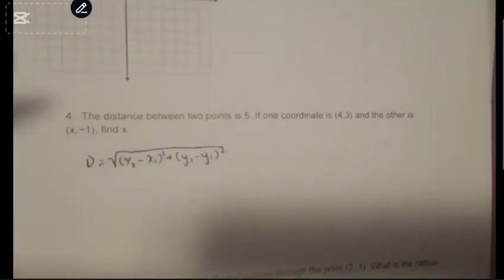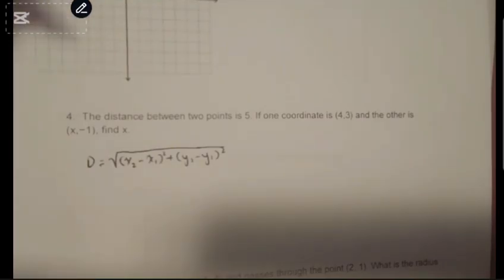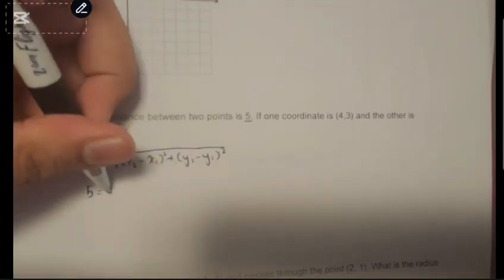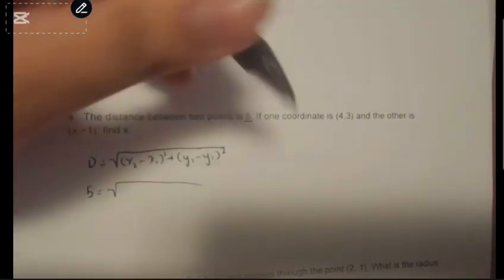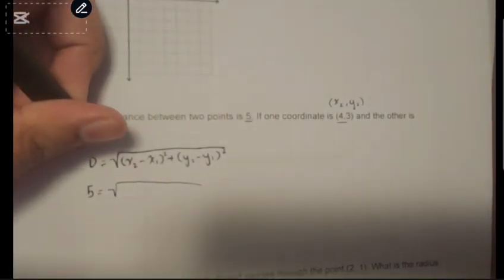So from this equation we can again make x2 minus x1 squared plus y2 minus y1 squared. Right? So what do we know from the question given? We know that the distance already, which is 5, so we can just put it in. And let's assume this is our x2, y2, and this is our x1, y1.